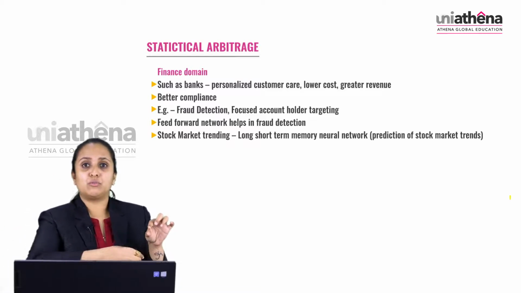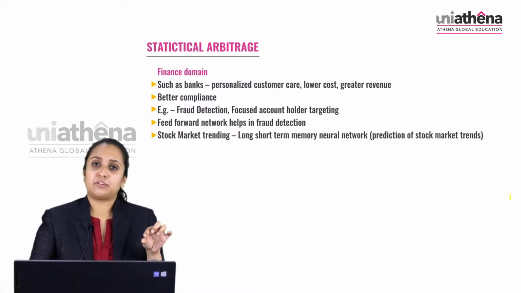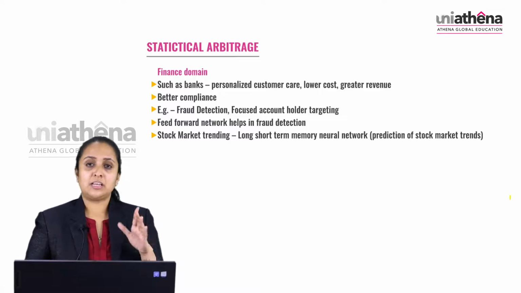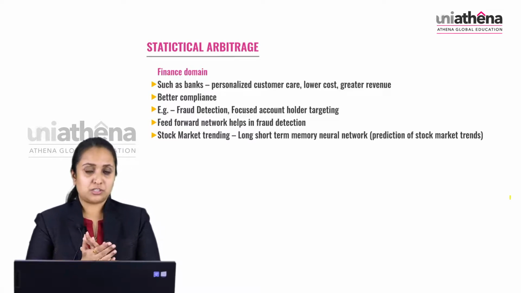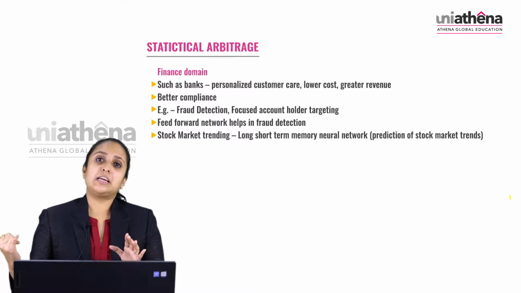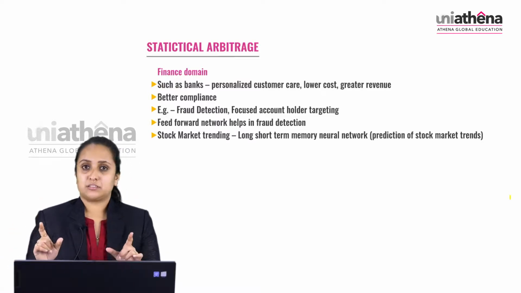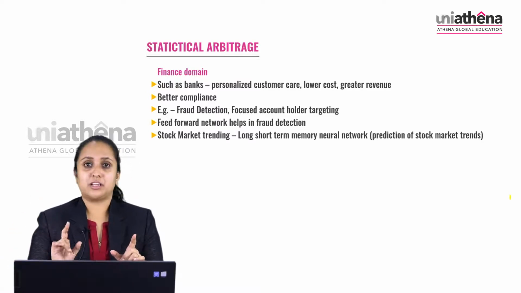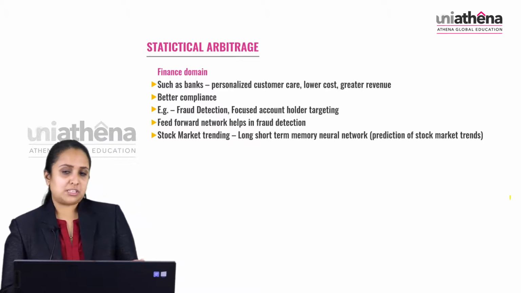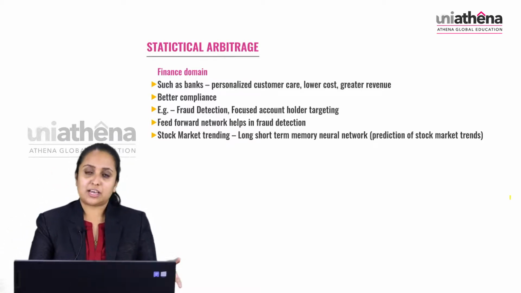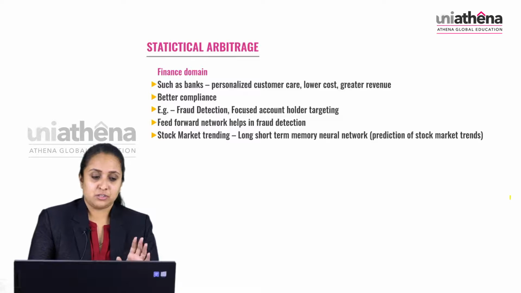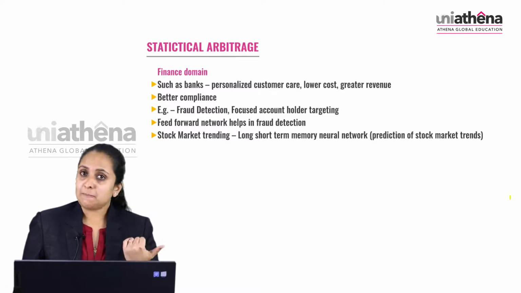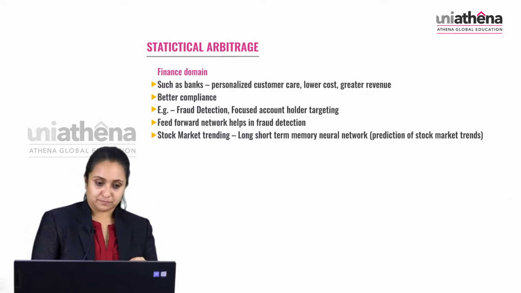This hash value goes as the pattern for the second transaction, and if the hash value matches or is of the same pattern, it is a relevant transaction, otherwise it is not. Now, the stock market is also using this kind of trending pattern. So, this is what is specified about statistical arbitrage.